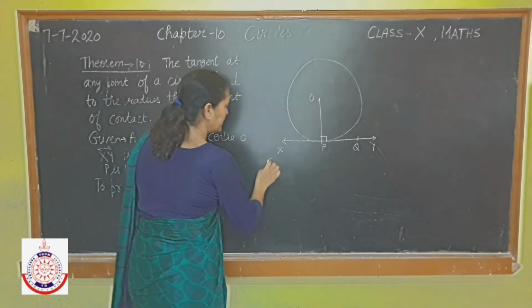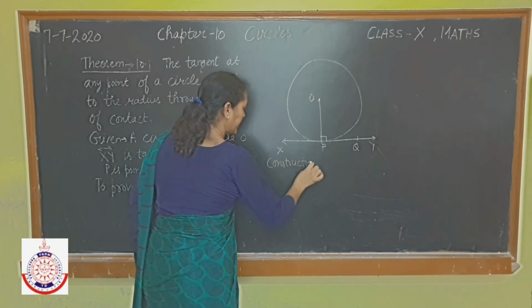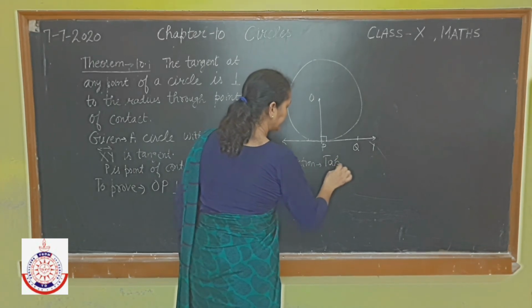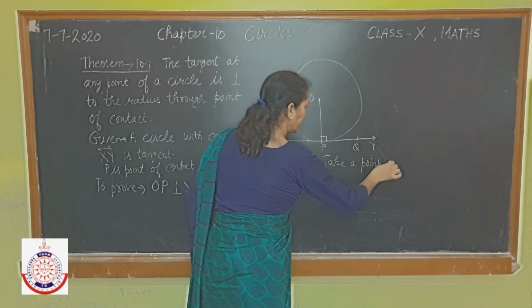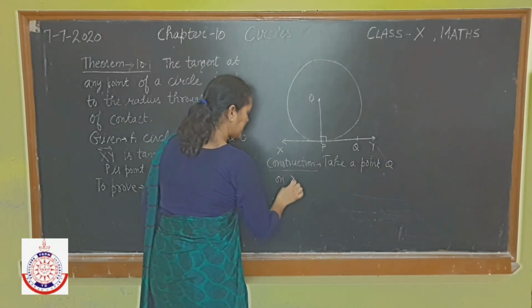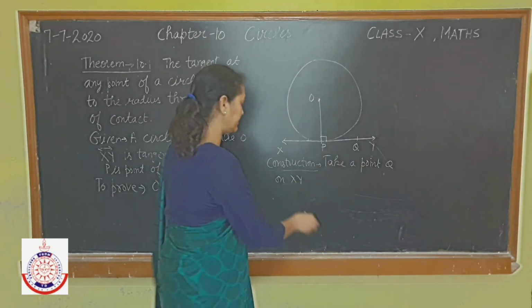Then come to the construction. Take a point Q on XY, and the point has to be outside the circle.